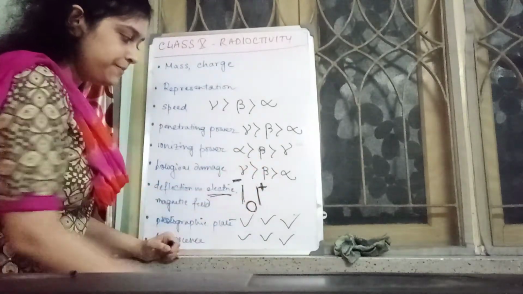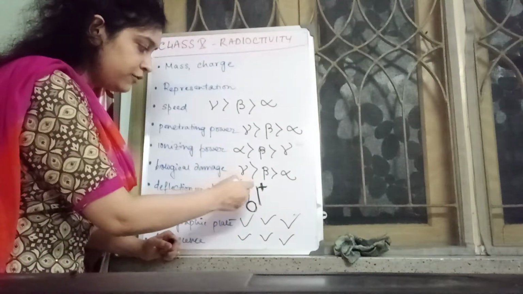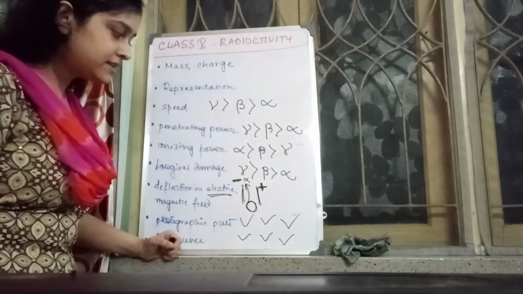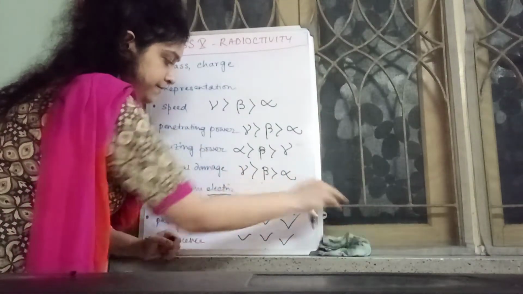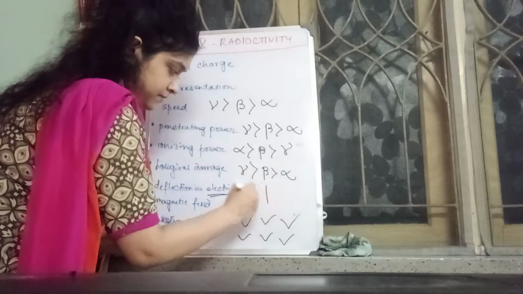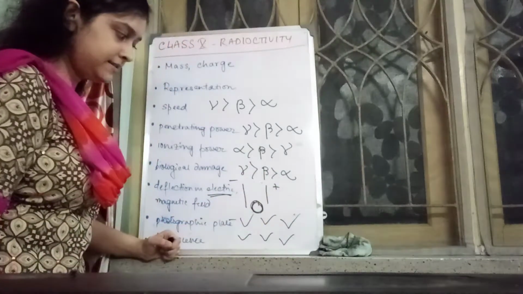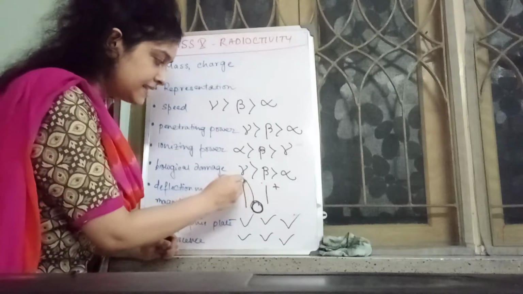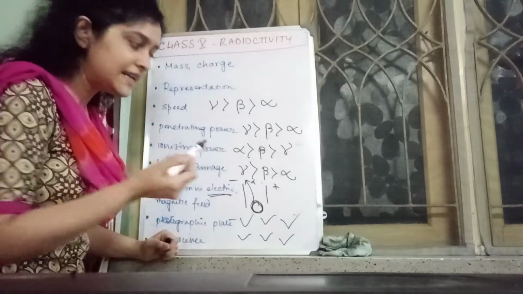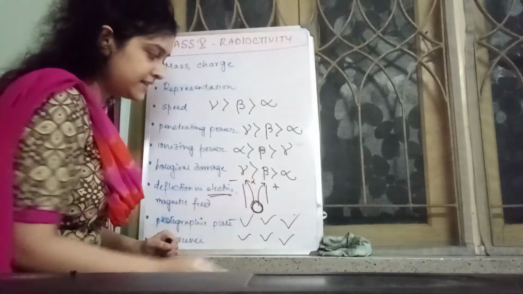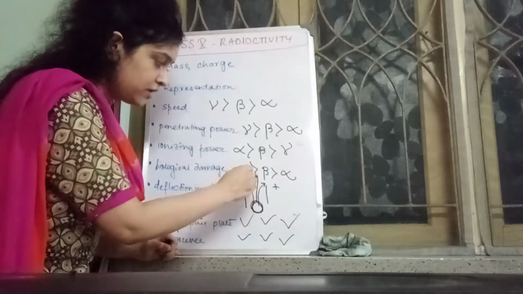Where will alpha move towards? Obviously, it will move towards the negative plate, because alpha is positively charged. Beta is negatively charged, so it will move towards the positive plate. Gamma, being uncharged, will just pass out undeviated.